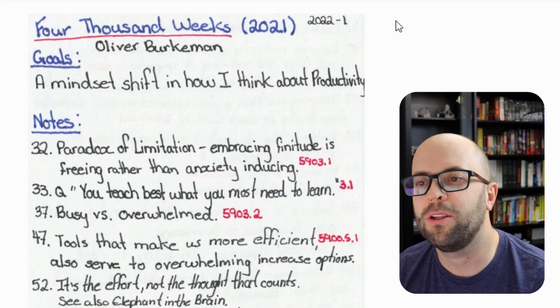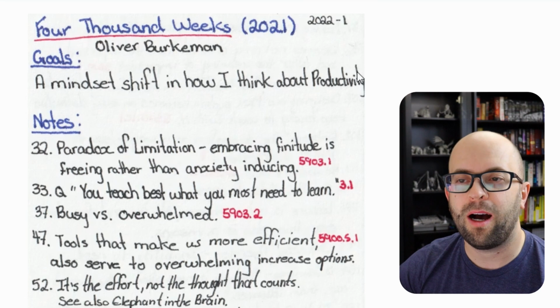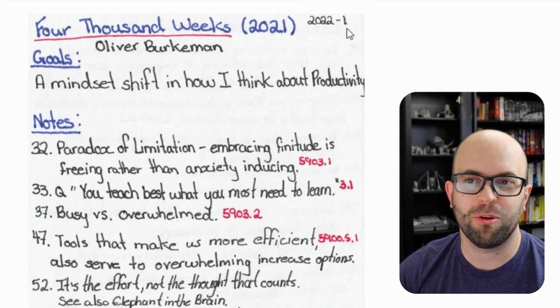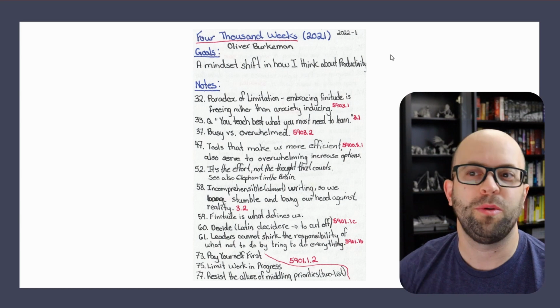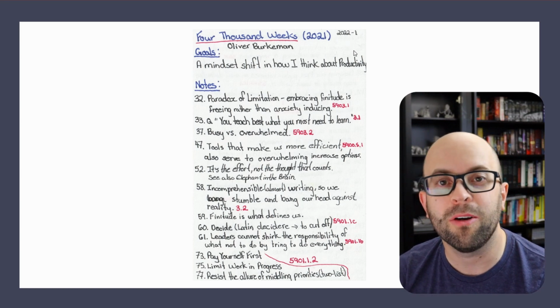I also started including up here in the top right hand corner the year that I read the book and the number of times I've read that book that year. So if I read a book multiple times, then I would have a different number up here in the top corner. I don't know if the 1 is necessary for the first time I read the book in 2022.